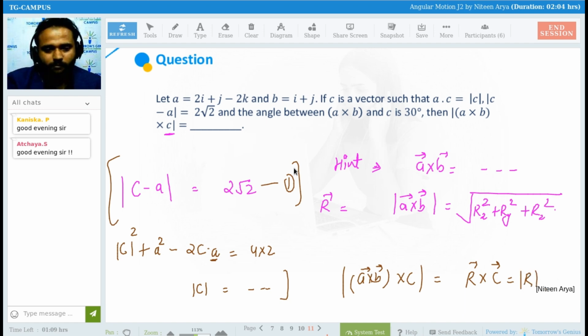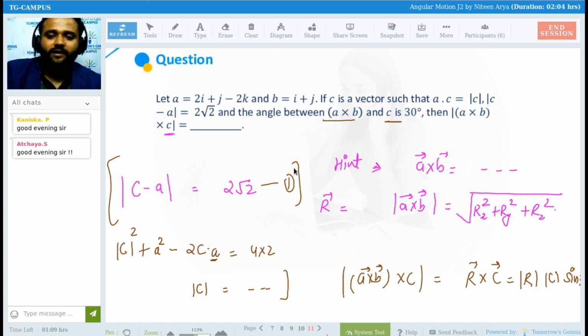We find the magnitude of C from there, and then sine 30 degrees, because the angle between A cross B and C is 30 degrees. Got it? Do this.